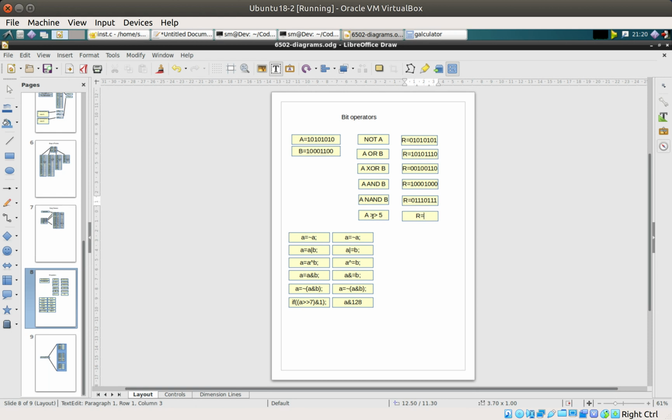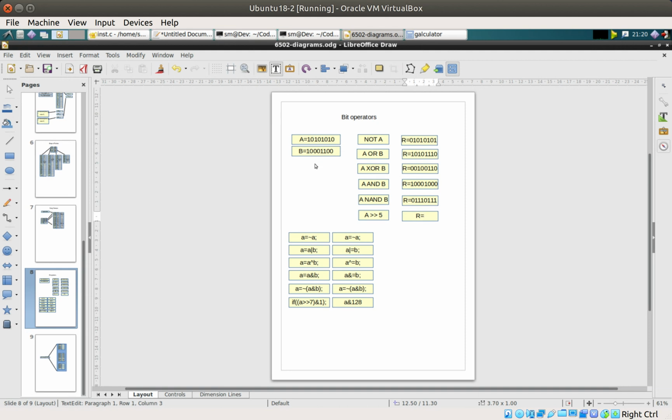The little chevron things there are a logical shift right. You can use a logical shift left by turning the chevrons the other way around, but just for demonstration, what that says is move whatever's in A right by 5 bits. So 5 bits disappear, 1, 2, 3, 4 and 5, and what you're left with is 1 0 1.